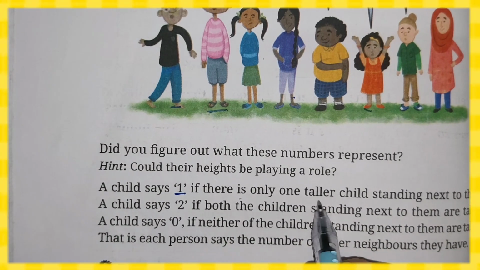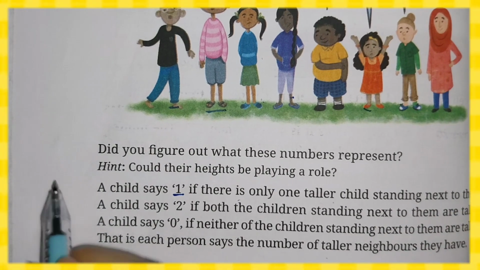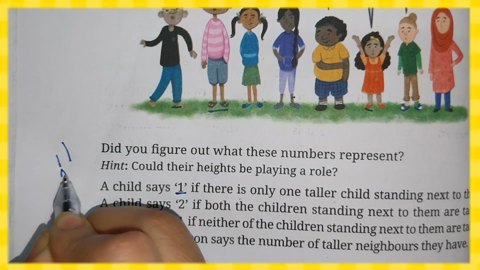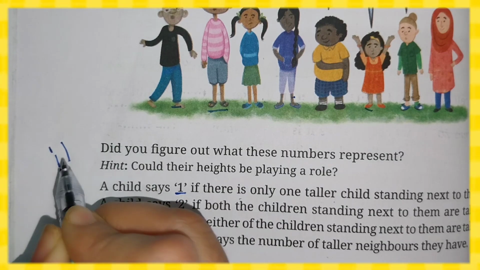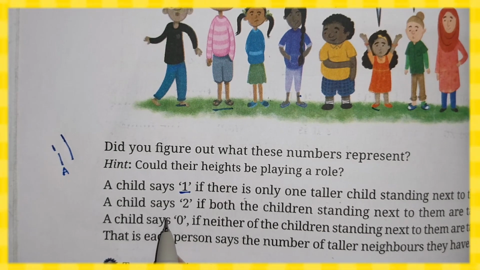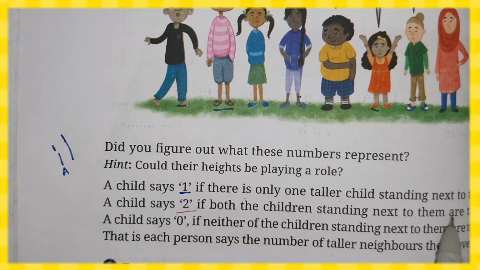A child says 1 if there is only one taller child standing next to them. This means that if a child is standing here and there is only one child taller than them on either side, they will say 1.